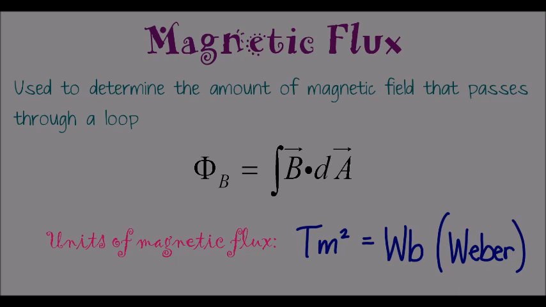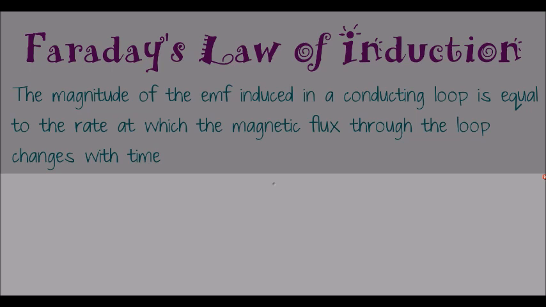Now, similar to electric flux, magnetic flux is important because of a very important law known as Faraday's Law of Induction. Faraday's Law of Induction tells us that the magnitude of the EMF that's induced in a loop made of conducting material is equal to the rate at which the magnetic flux through the loop changes with time.